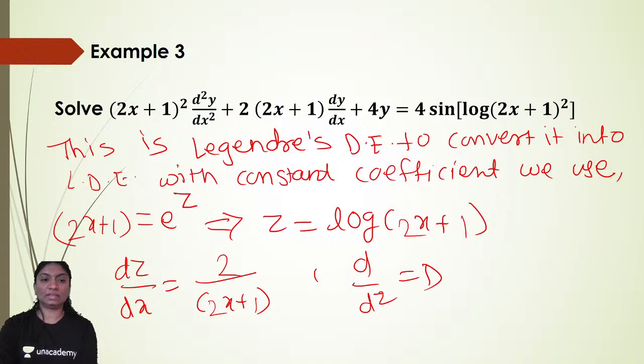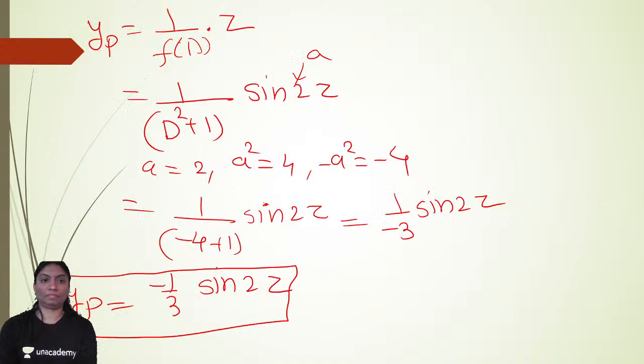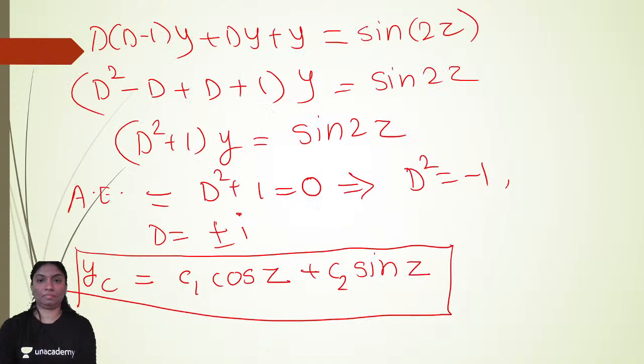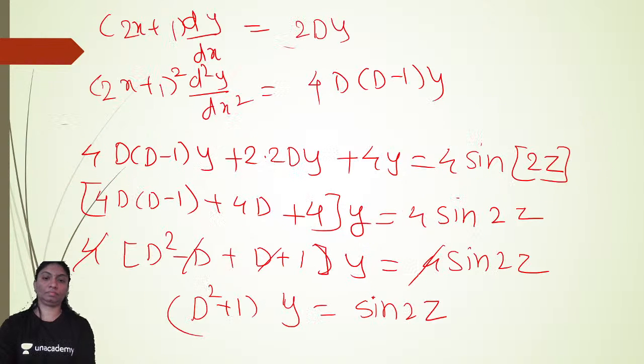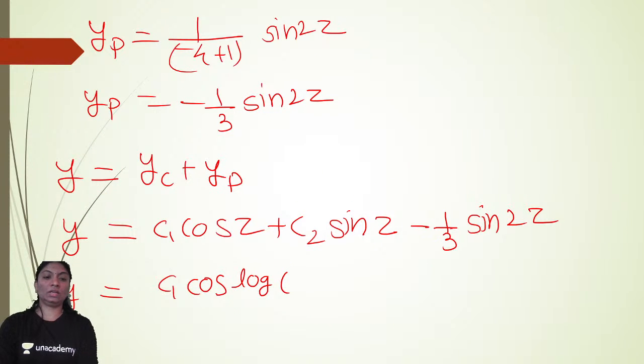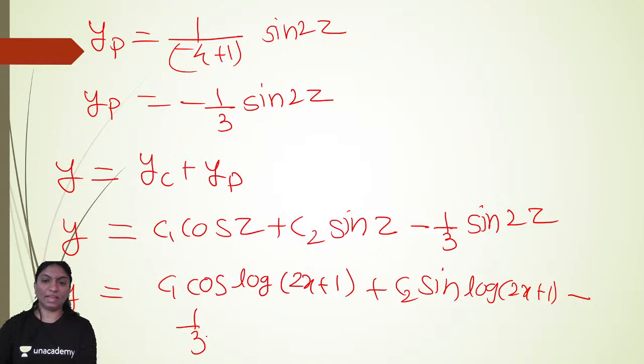What is our z? Z is equal to log of 2x plus 1. Then we will write z is equal to log of 2x plus 1 plus c2 sine log of 2x plus 1 minus 1 by 3 into sine into 2 into log of 2x plus 1.